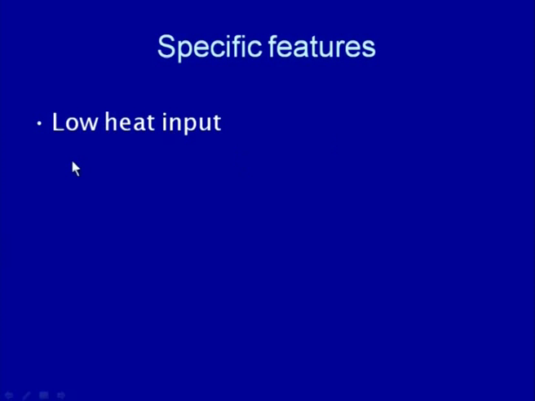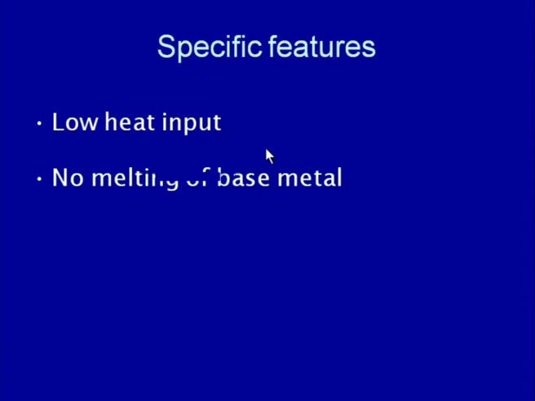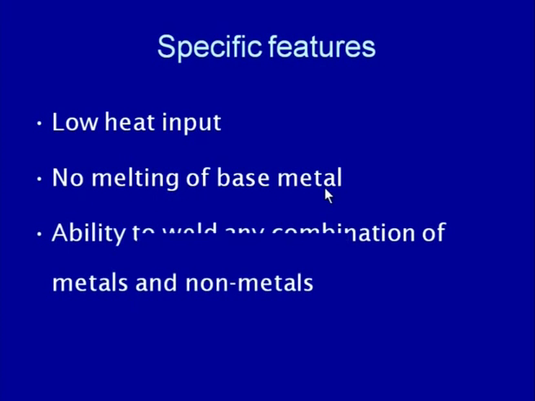These processes are different from the conventional arc welding and other fusion welding processes in the sense that brazing, soldering and braze welding use very low heat for developing the joint, especially using the low melting point filler metal, and do not involve the melting of the base metal.